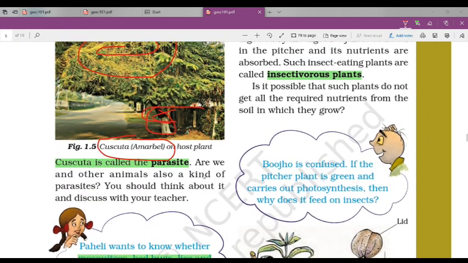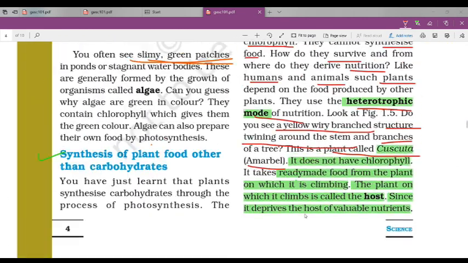Cuscuta does not have chlorophyll. It takes ready-made food from the plant on which it is climbing. You have seen here, the plant on which it climbs is called the host.